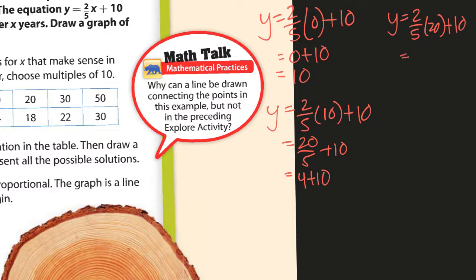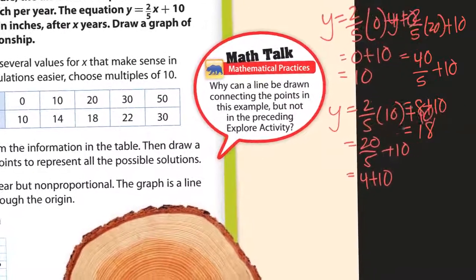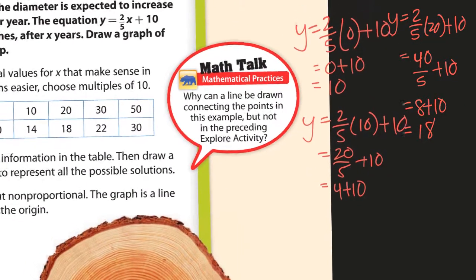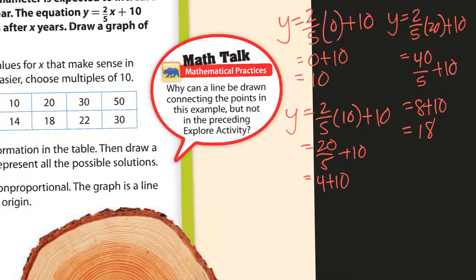So that would be 40 over 5 plus 10, which is 8 plus 10, which is 18. So that's how they got the 18 that is right over here.